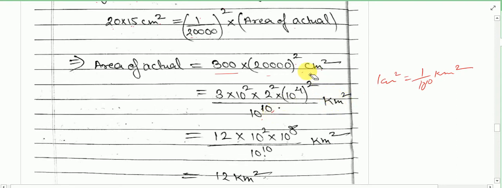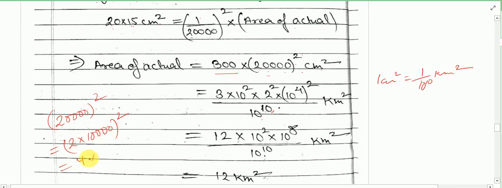And here this 20,000 whole square can be written like this. Firstly, 20,000 whole square means you can write 2 into 10,000 whole square. This square will be for 2 also and for this also.